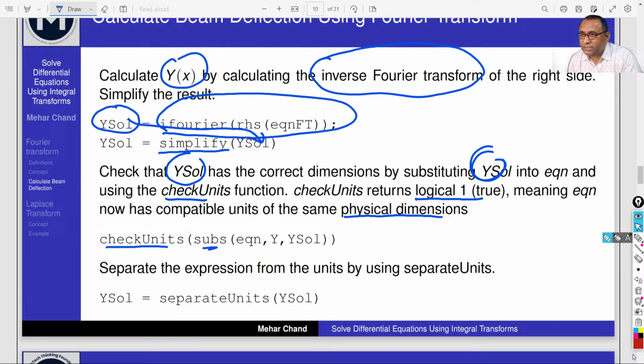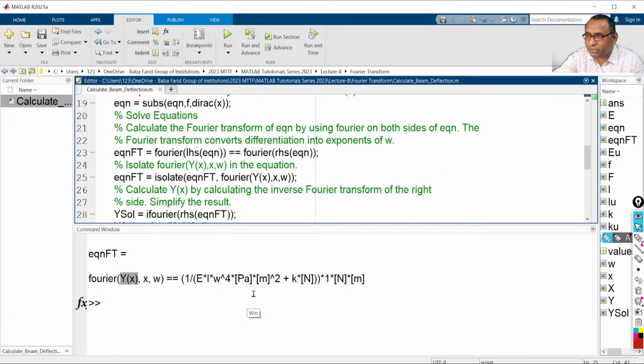Then the subs function is used to substitute the values. This is the differential equation, and in the place of y, we will pass this value, y solution. So in the given differential equation, y is involved, so this value will be substituted and we will check it. Okay. So in MATLAB, this is very important to check.